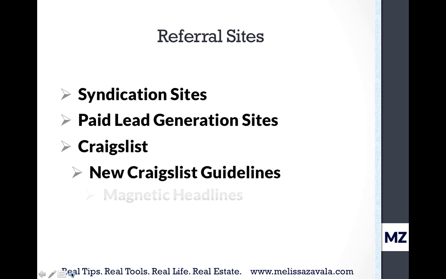And so we talked about the new Craigslist guidelines. Now, with the new guidelines, if you're still working Craigslist, I think it is still a valuable tool for getting people to contact you. You're really going to have to focus a ton on magnetic headlines. So if you want to go, copyblogger.com has a wonderful article where they give you 10 sample magnetic headlines. If you type in copyblogger.com plus magnetic headlines in the Google search bar, then that should pop up.